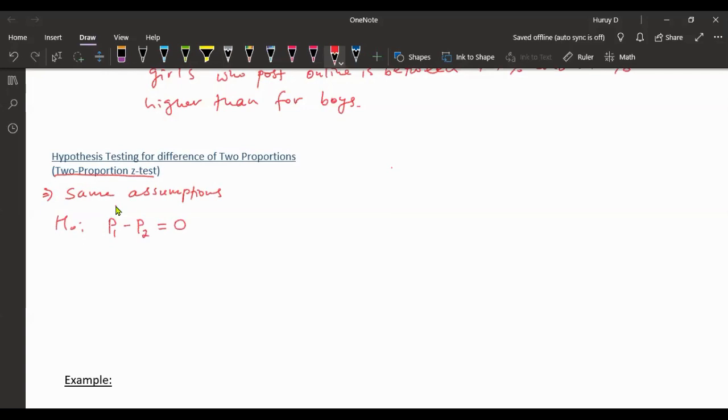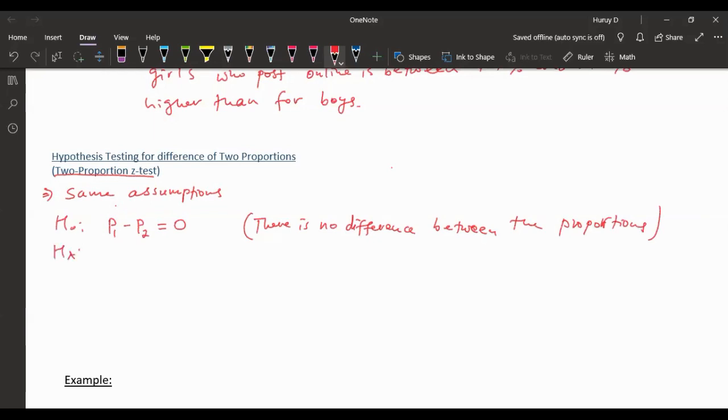So here we are saying there is no difference. Okay, this is what we are trying to say here. There is no difference.